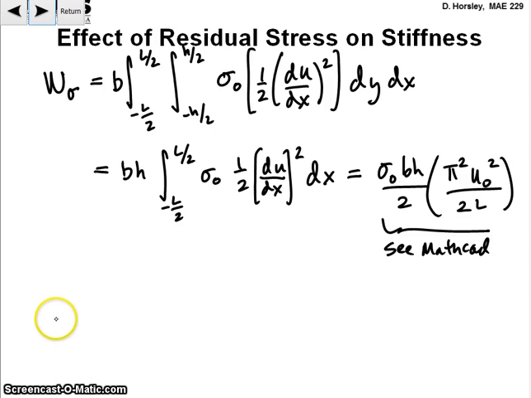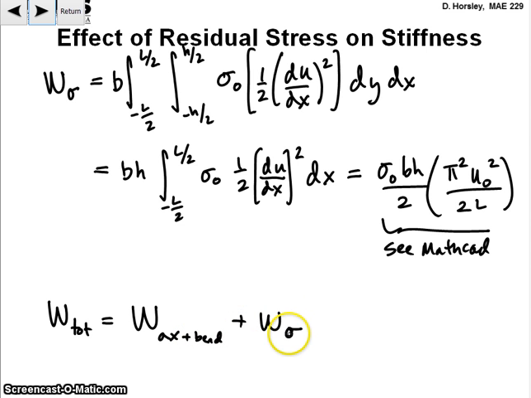Okay, so W total is now going to be equal to the W from the previous calculation, axial plus bending, plus W due to residual stress.